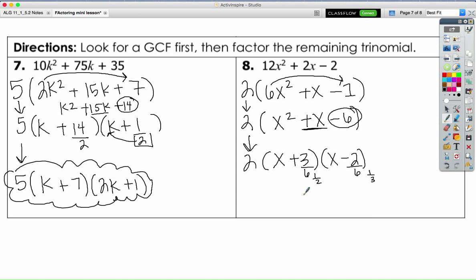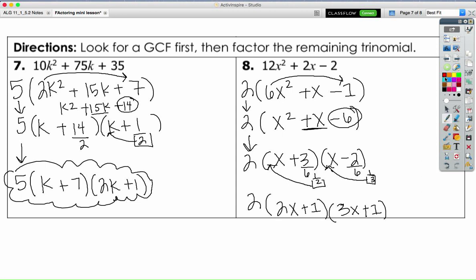And so since they are still fractions, the bottom, the reduced one, needs to go up in front of the variable. So we really have 2x plus 1, and 3x plus 1. So this whole thing should be our final answer.